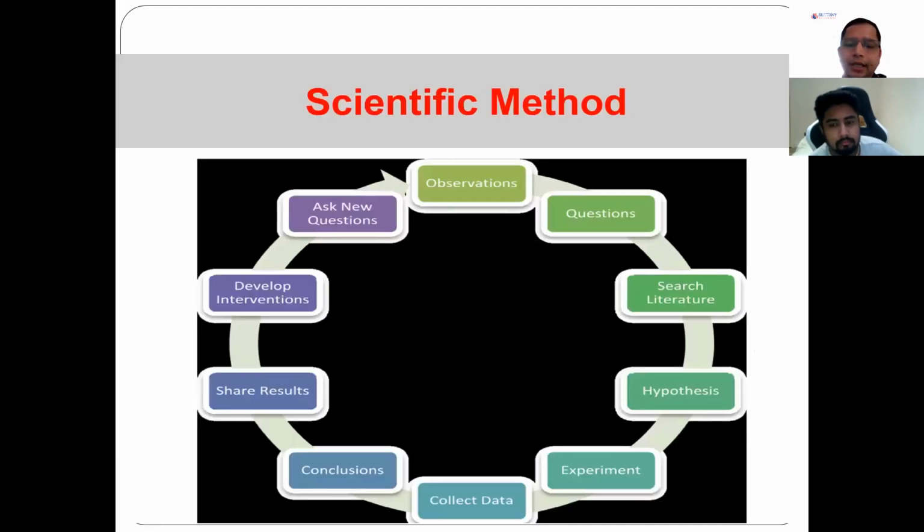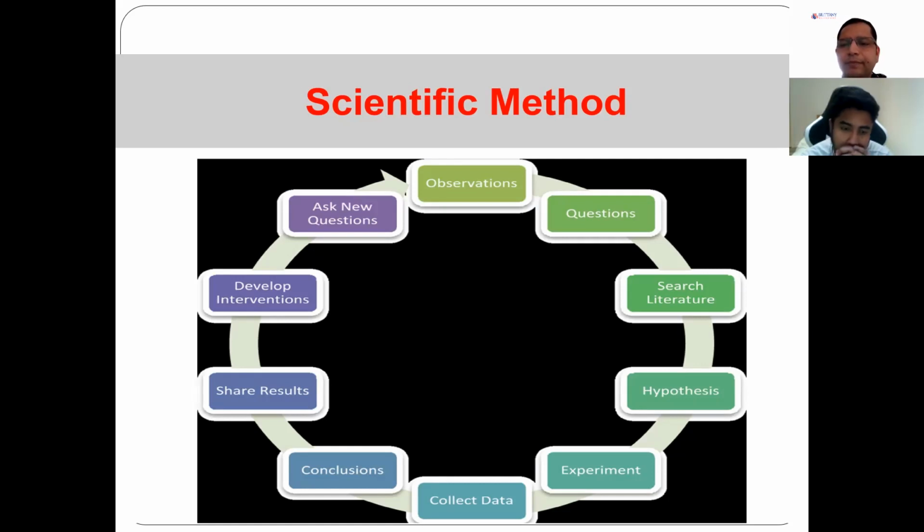So again, if I sum up, what is the scientific method? We always say research is a scientific method to find answers. What is the scientific method? It involves a cycle. The cycle, like observe. When you observe, you find a problem. Then you have some questions, how to solve this, what are the issues involved.